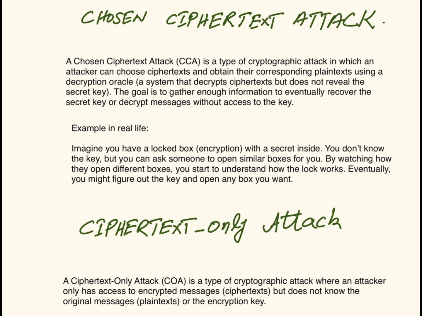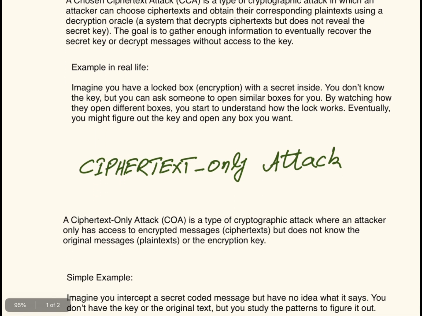One more point which I have understood is that when the attacker submits the ciphertext to the decryption system, sometimes he gets error messages and other feedback, and based on that feedback he tries to reconstruct the message, or in some cases the encryption key. So that is the first attack which is important to understand for the CISSP exam.